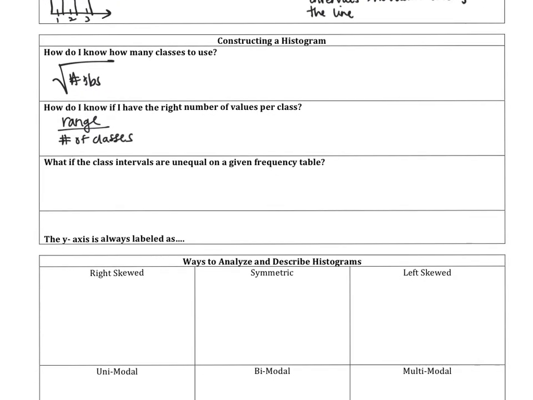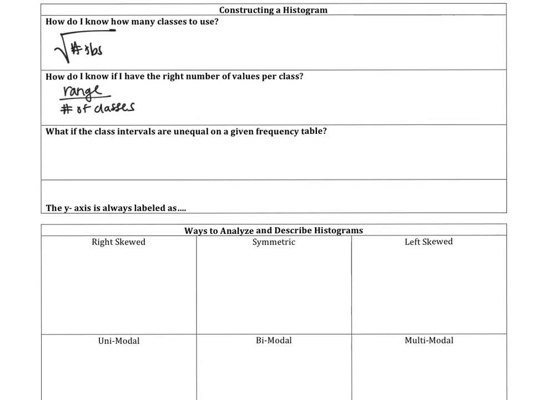Okay, what if class intervals are unequal on a frequency table? So what if you realize that some intervals are wider or smaller than others? Well, then in order to appropriately identify them, we would have to use density on the y-axis, rather than frequency or relative frequency.